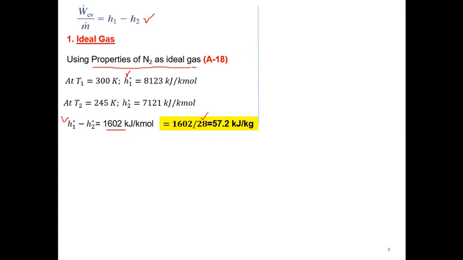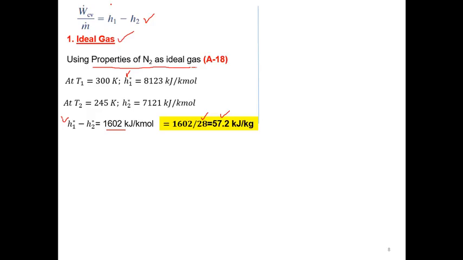But we need to calculate in kilojoule per kg, so we have to divide this value by the molar mass. Molar mass for nitrogen is 28. If we divide that, the value is 57.2 kilojoule per kg. So that's the work output of the turbine as a result of the expansion of the nitrogen when we consider nitrogen as an ideal gas.